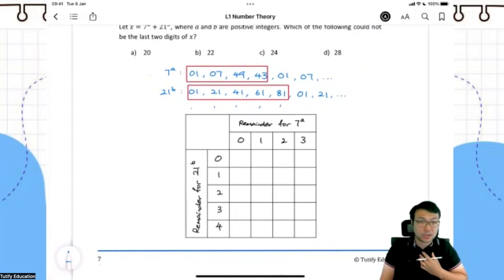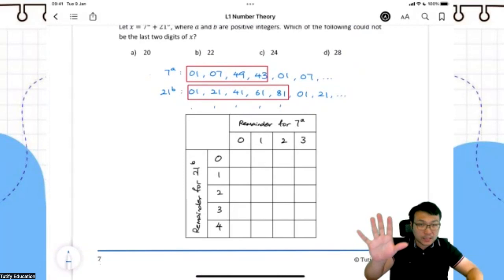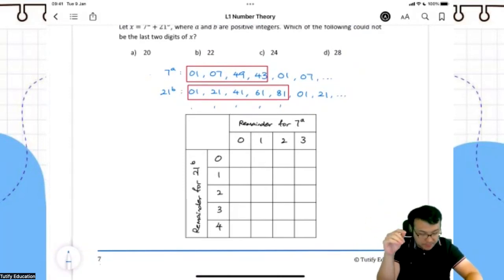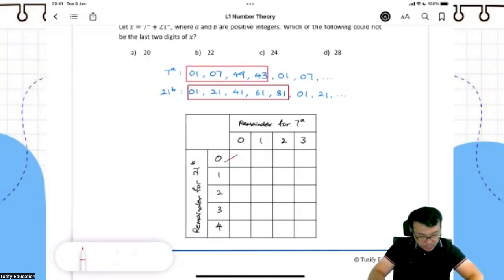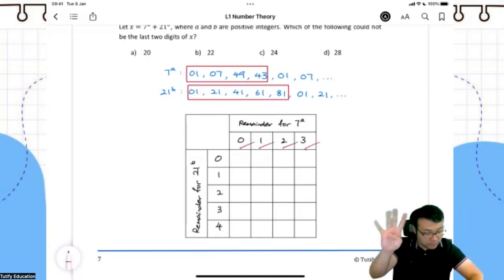That's why I'm finding 5 remainders: 1, 2, 3, 4, 5. Because it repeats itself every 5 times. And you notice for the other one, I'm finding 1, 2, 3, 4, 4 remainders, because it repeats itself in a cycle of 4.